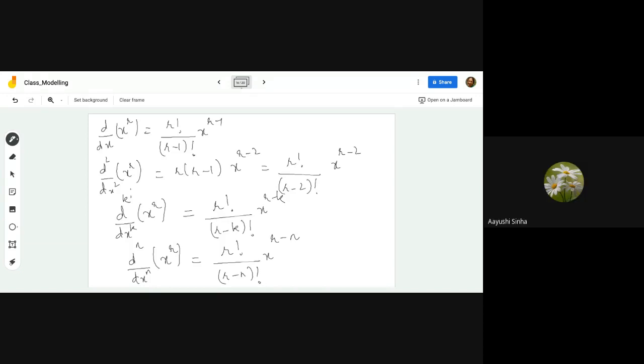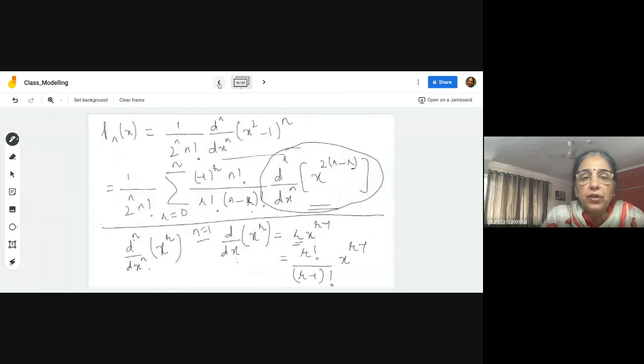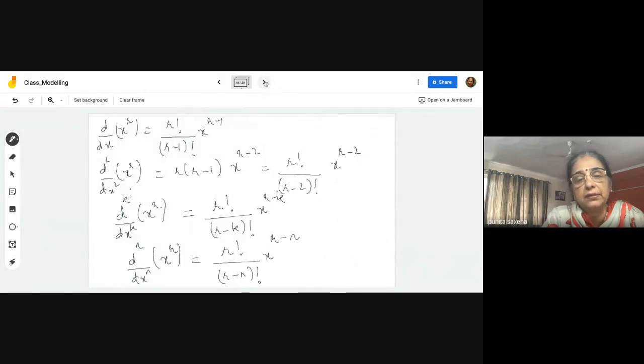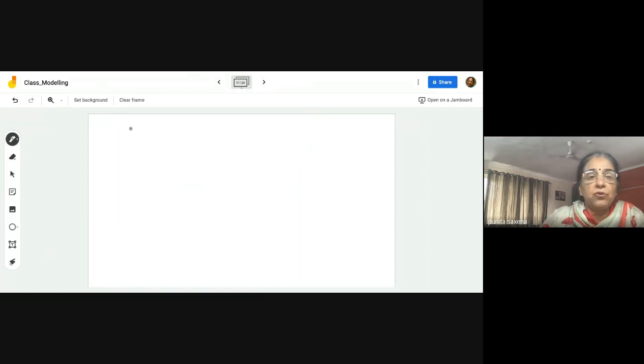Yes, ma'am. Now, we don't want the nth derivative of x to the power r. We want the nth derivative of x to the power 2n minus 2r. So using this, what will be the nth derivative of x to the power 2n minus 2r?